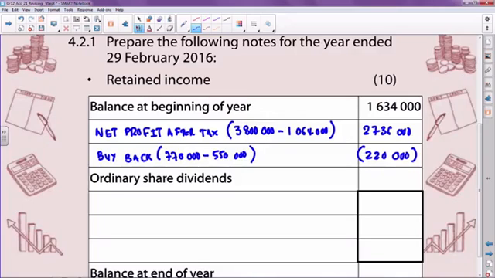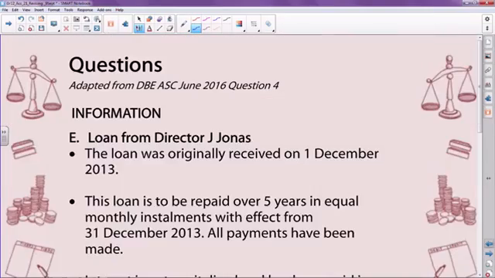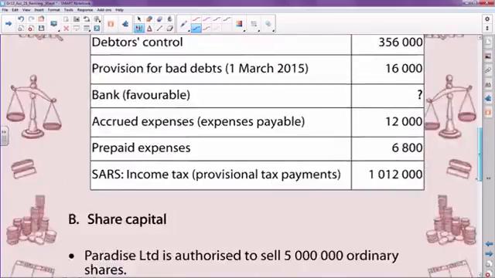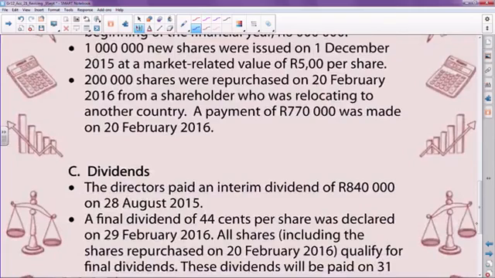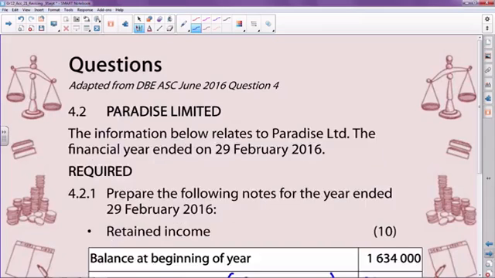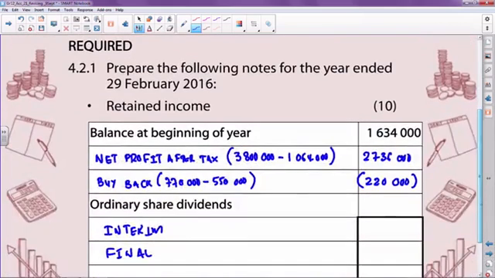Right, with regards to my dividends, remember it's my interim and my final dividend that I need to bring into consideration in this note. Let's see what information I have. With regards to my information, what am I told with regards to dividends? The directors paid an interim dividend of 840,000. Given figure, examiners were kind to you. 840,000 is my interim dividend.